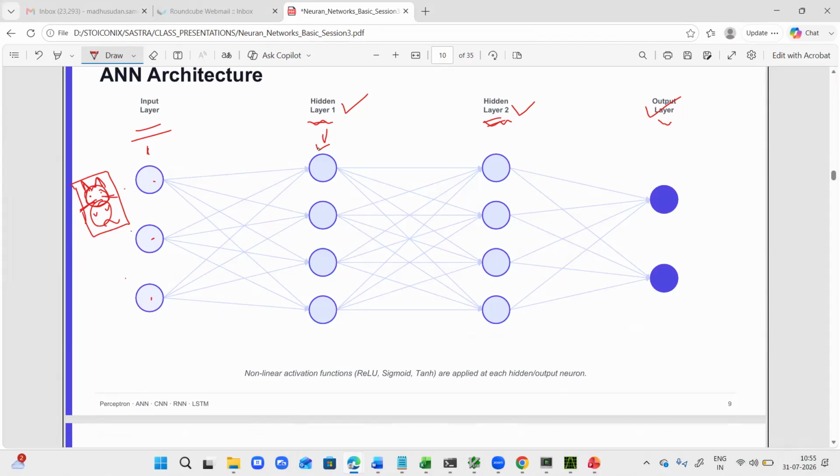For example, the first layer may only extract the boundaries of the circle, these lines and so on, and the second layer will put all these things together and try to make sense out of what it could be. It will say maybe these two dots mean eyes, and this triangle probably means an ear, etc. It will try to conclude in that fashion at this layer, and finally it will produce an output.